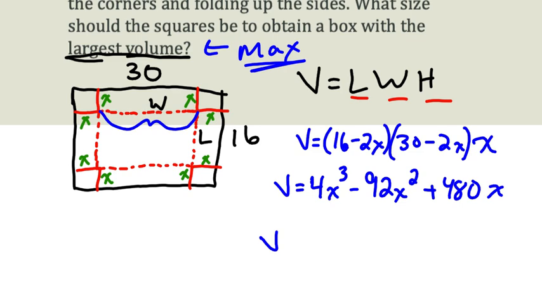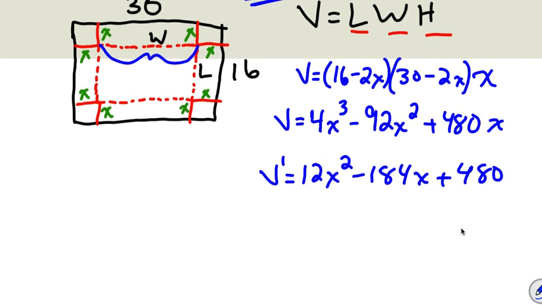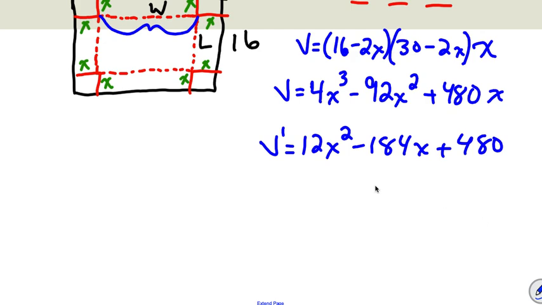So let's start off with our derivative. The derivative of 4x cubed is 12x squared. The derivative of 92x squared is 184x, and the derivative of 480x is just 480. So we take our derivative and set it equal to 0.